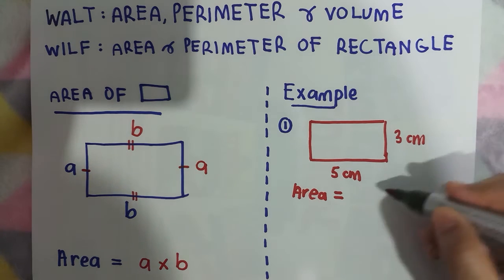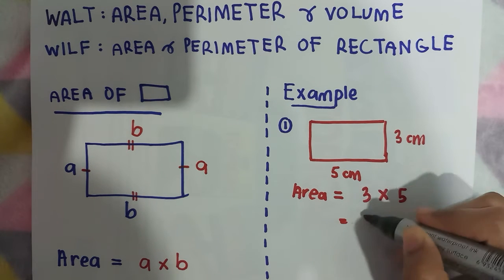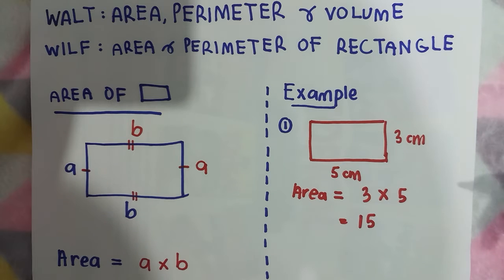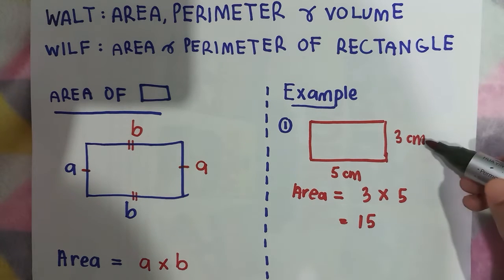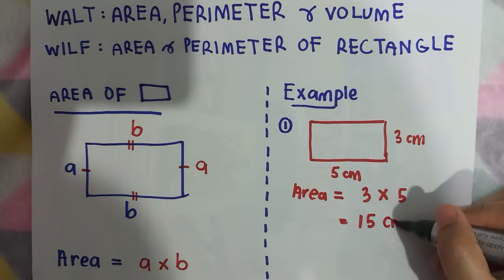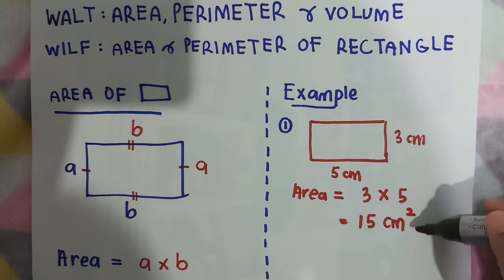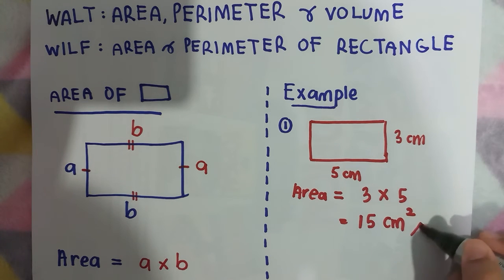According to the formula, that is just 3 times 5, equals 15. Make sure you put the unit as well. Cm times cm is cm square. So that is your answer.